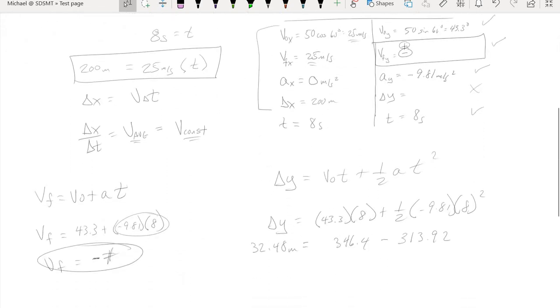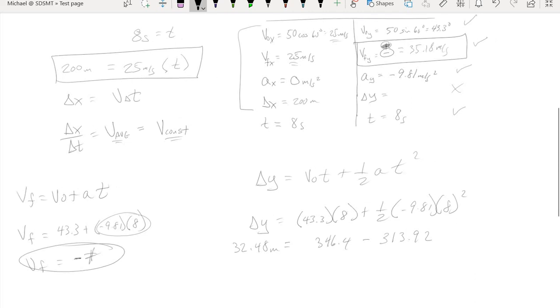Now just for the sake of having all of the information available to us, I'm going to plug this into the calculator. And we have a final y component that is equal to negative 35.18 meters per second squared.